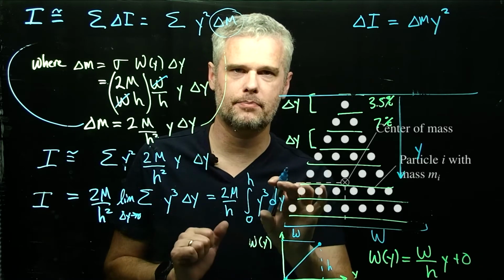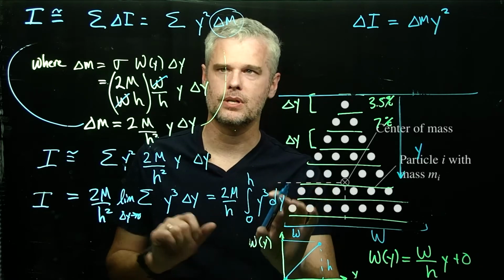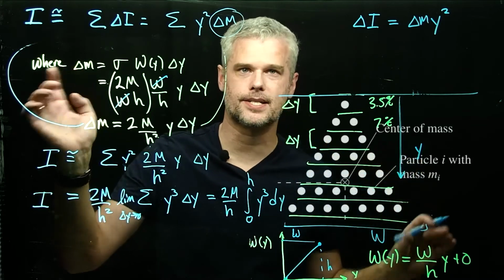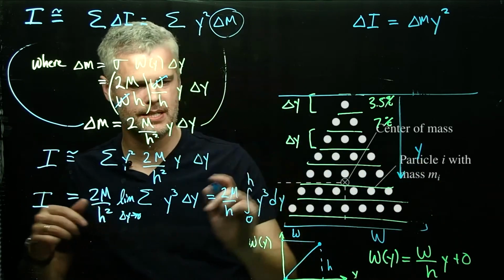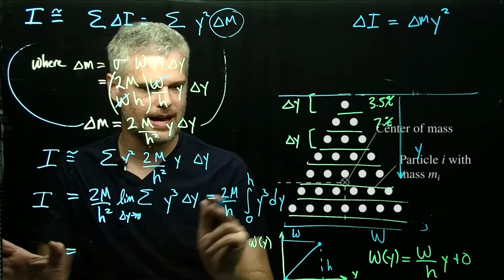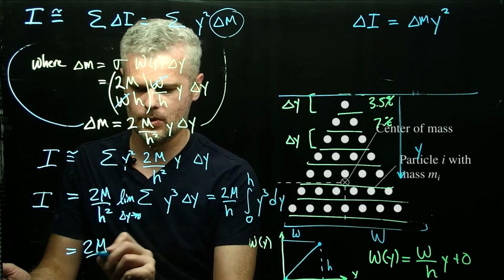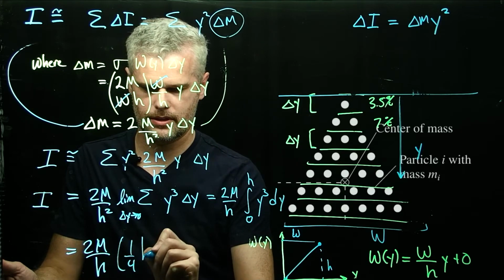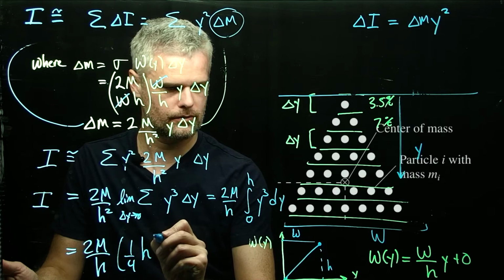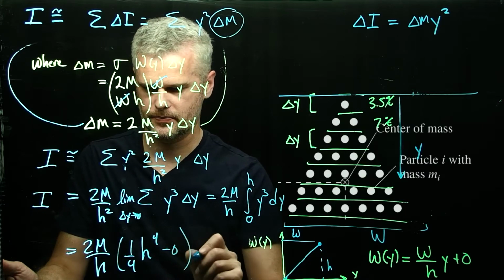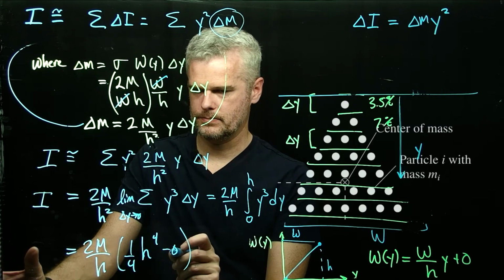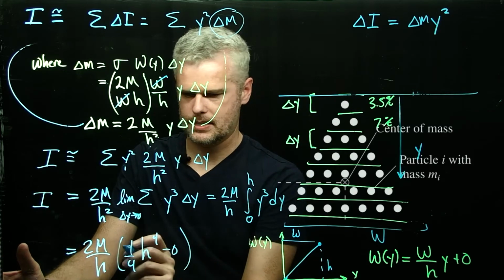I don't just slap on a dy because I think I need to. I start by figuring out, well, how much mass is there in each slice, and express it in terms of the density. So evaluating this, I get 2m over h squared, 1/4 h to the 4th power minus 0. And I see some things cancel out. Oh, that's h squared.